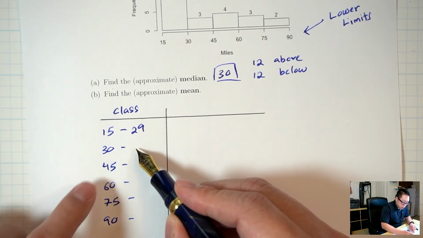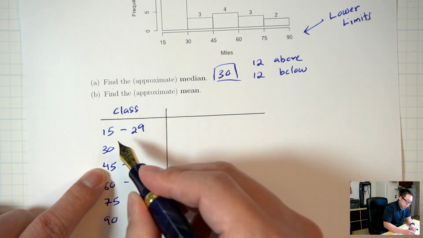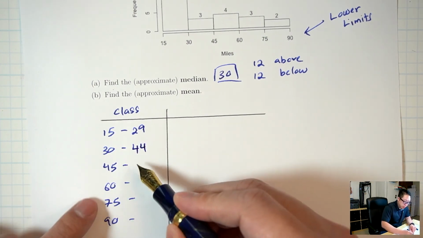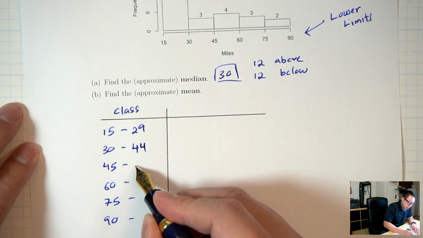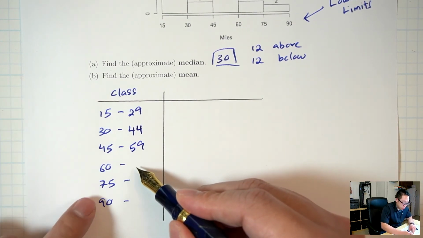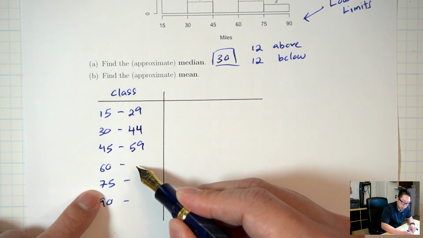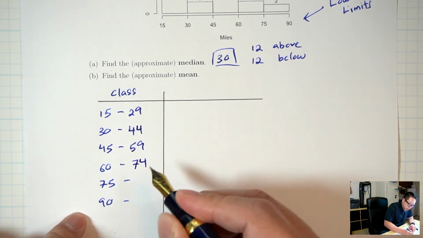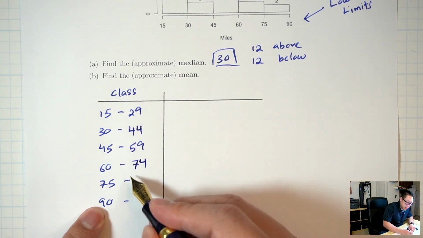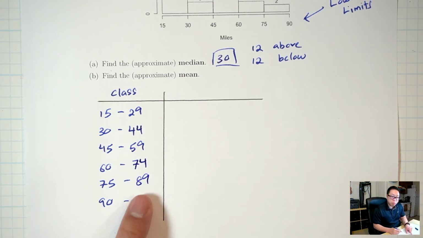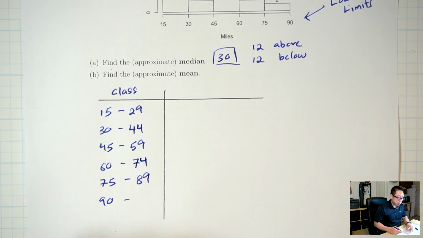The next upper should be slightly below 45, which is 44. The next one is slightly below 60, which is 59. The next is slightly below 75, which is 74. And then the next one is 89.